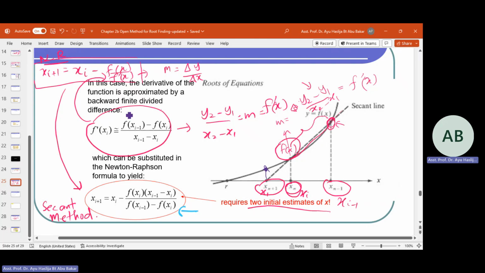Xi will be your second point. So you will need to calculate the slope at this point, which will direct you to the x2 point. Okay, that's how you do the iteration using the previous two values.